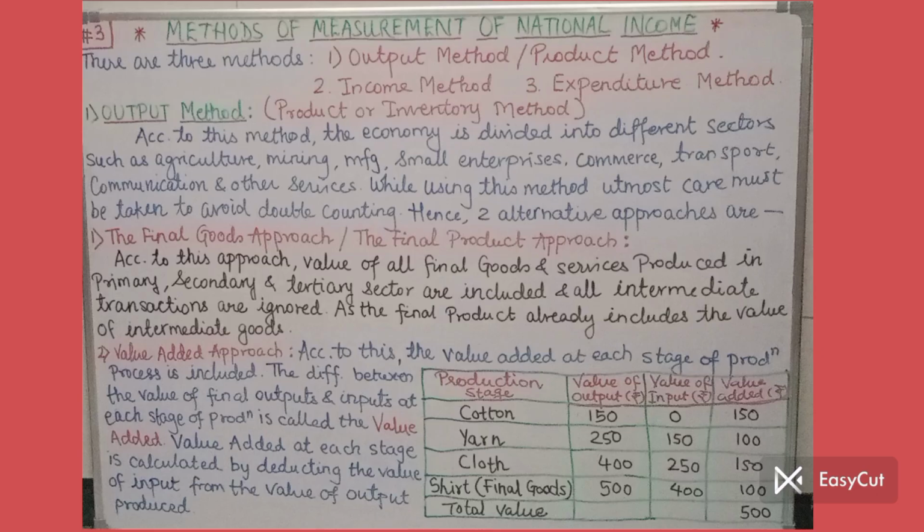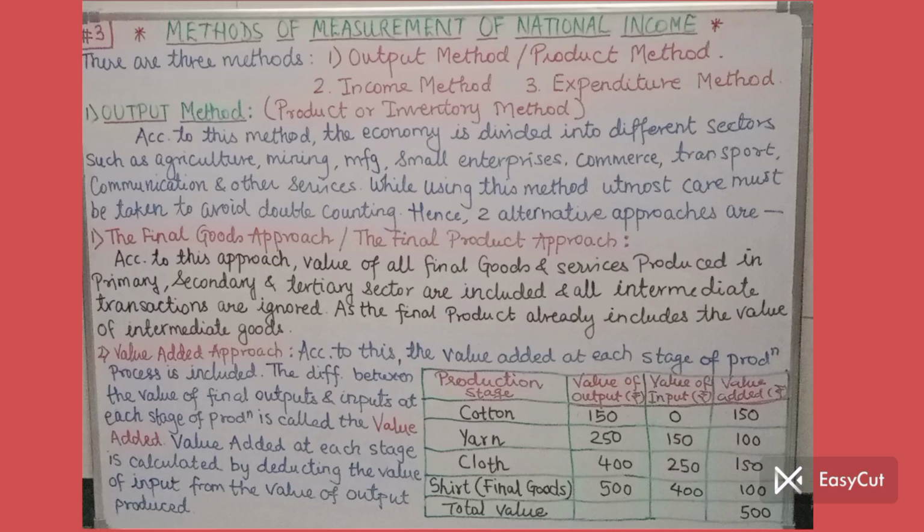See, in this value added approach, at each stage the value added is calculated by deducting the value of input from the value of output. That means we are considering the value of output, then from it we will deduct the value of input, and then by deducting that value of input we will arrive at value added.